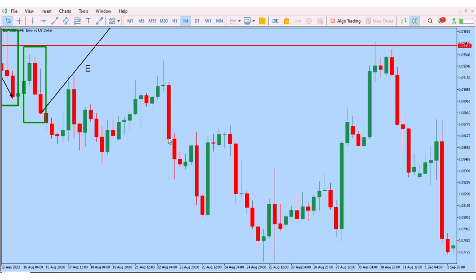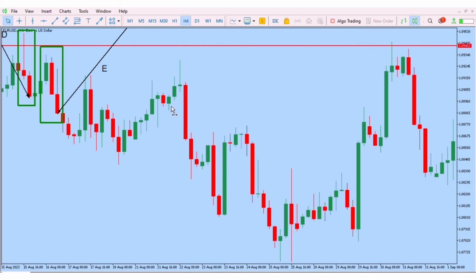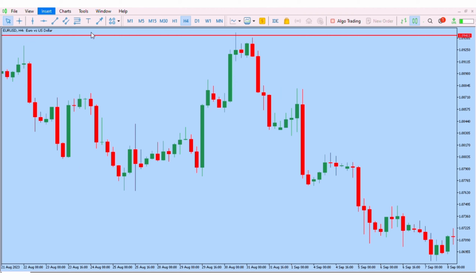Go short at this point, at the close of the candlestick. These selling points are triggered by this resistance level. Hence, if you are able to identify this level, then the market moved to your advantage.